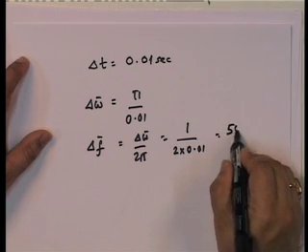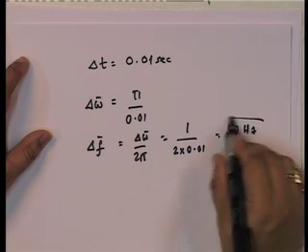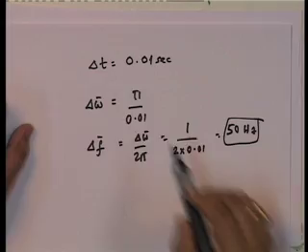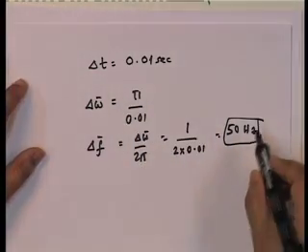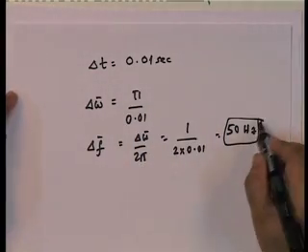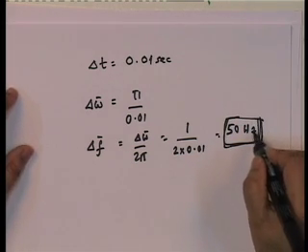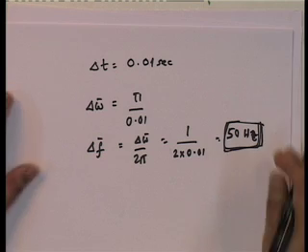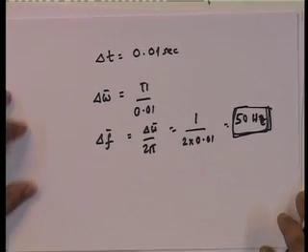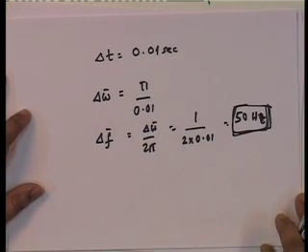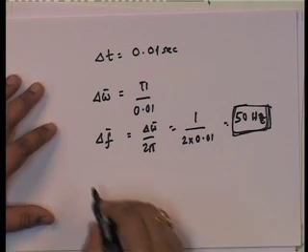So, it becomes 50 hertz. In other words, if you take delta t equal to 0.01, the maximum frequency that can be considered in the analysis is 50 hertz. Now, if you know that that is not good enough, what do you have to do? You have to take a smaller delta t.